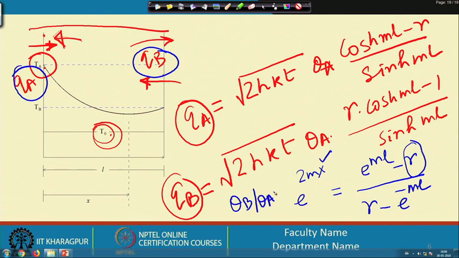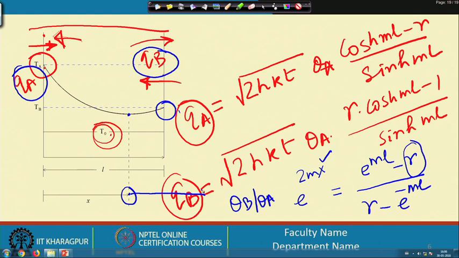So, if r is such that this location of x goes beyond the physical boundary of this fin, it may lead to a situation that the extremum is no longer existing within the physical boundary of the fin.